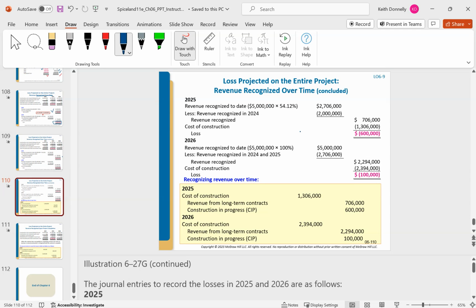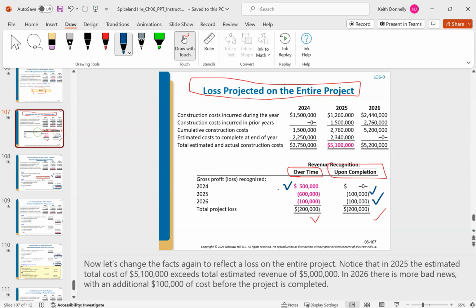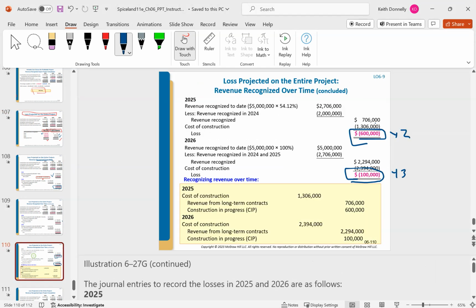That's what we're showing you here, year 2 and year 3. Oh, I'm sorry, it's year 2 and year 3, not a big deal. Year 1, we were profitable. So it's profitable, loss, loss.